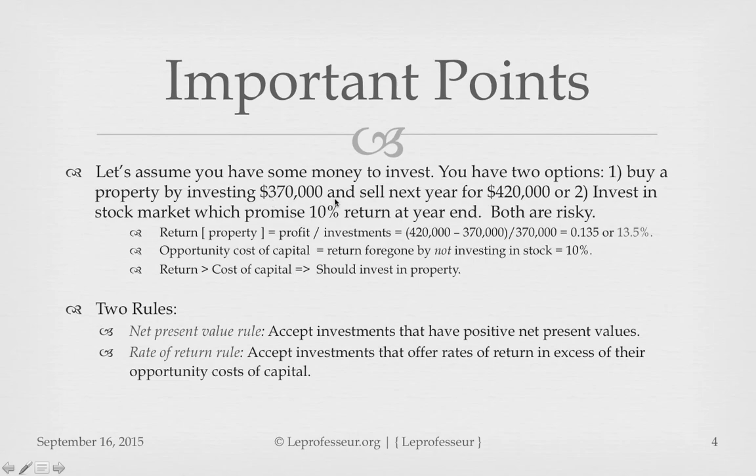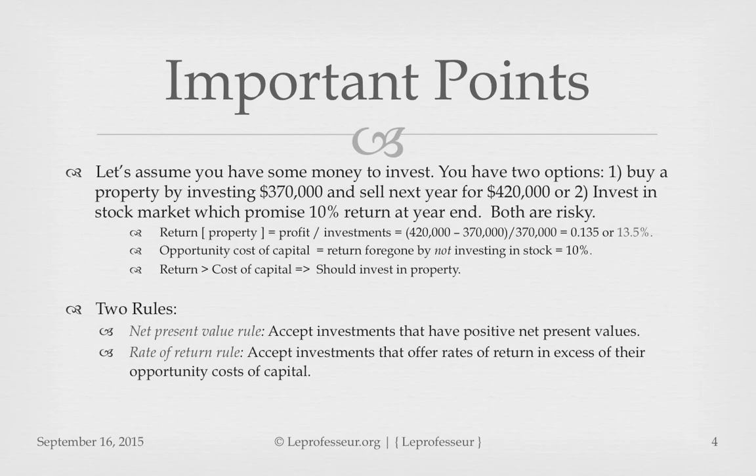So, what we're going to do is see what will be the value after 1 year for this property, some estimated number. And here remember, we are assuming that the stock market and the property market are both risky to the same extent. In the real world, both have different volatility, but here for simplicity we are assuming that both have the same riskiness.